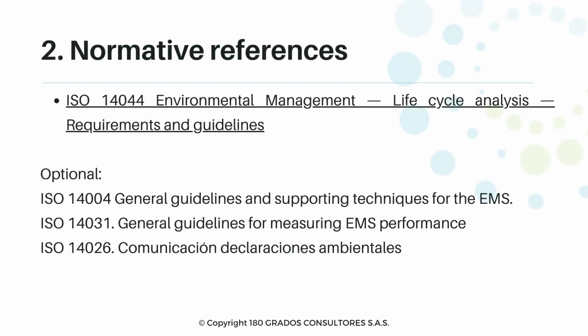So here ISO 14026 is the go-to standard, offering a framework for effectively communicating environmental declarations, including the water footprints. So very important, in summary, it includes additional standards for your knowledge, for your framework, and for more comprehensive environmental management and communication.